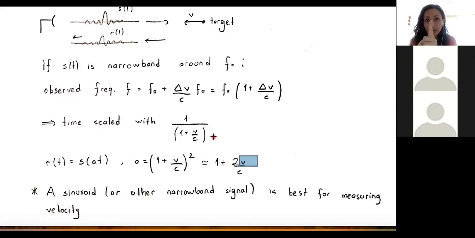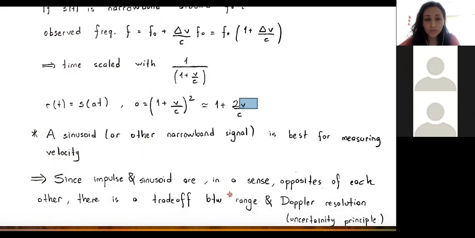And by looking at how much enlargement you had in the frequency domain, you can get the scaling information in the time domain as well, and you can get the velocity information in a reliable way. Because of this, you basically want an impulse or a very peaky signal in the frequency domain. That means you want a sinusoidal signal or a very narrow band signal to use as S of t to measure the velocity in the best way.